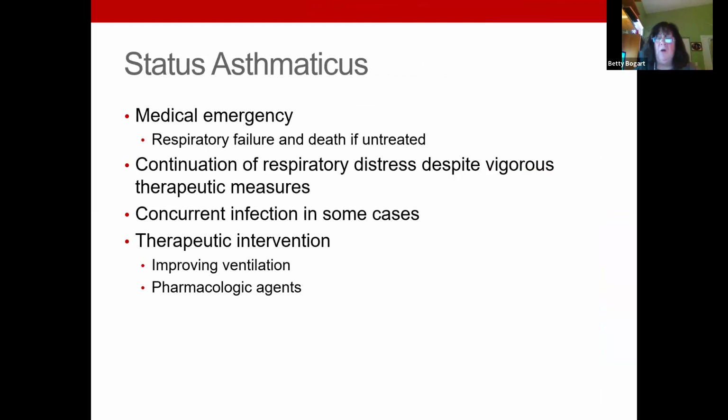What happens if you go into an asthma attack and it doesn't stop? My husband had one for 12 days straight. It was very frightening. You're not breathing well, and then it gets worse and worse and worse. What needed to be done was an introduction of many different things, like a BiPAP machine to try to help him breathe.